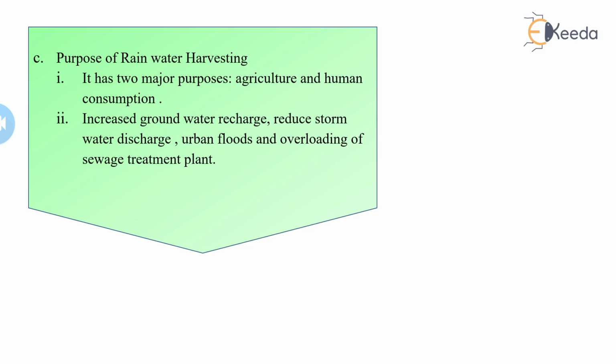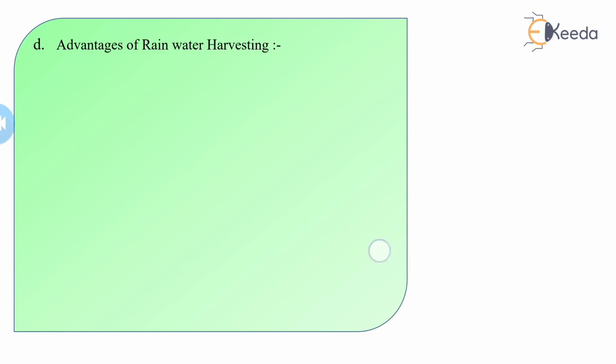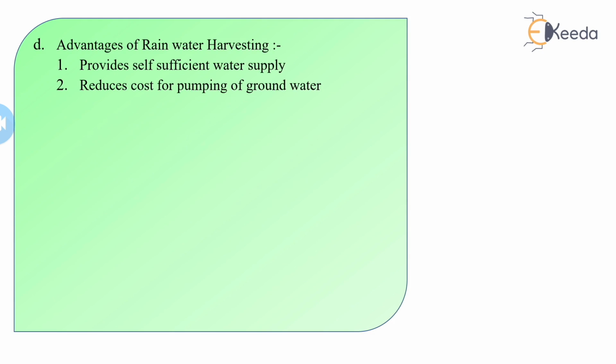It also plays an important role in coastal regions, where it reduces the salt content of water. Then the advantages of rainwater harvesting: it provides a self-sufficient water supply. It reduces the cost of pumping groundwater.